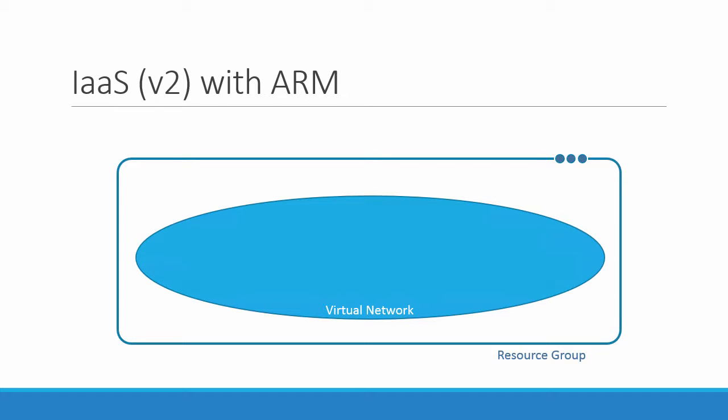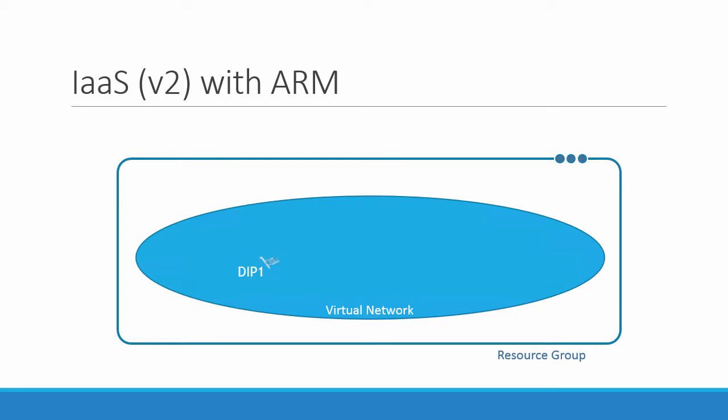Now this is different. The first thing I'm going to do now is I've got my virtual network. I'm going to create a virtual network adapter. So before I even create the virtual machine, I'm actually going to create a network adapter. That network adapter is what I'm going to place in the virtual network. Remember, I can actually use virtual networks from other resource groups.